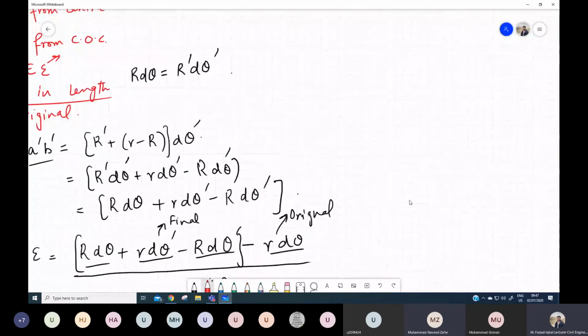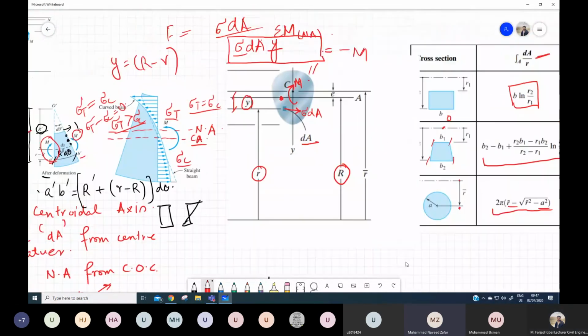Isn't the direction of sigma dA opposite to M? This sigma dA is coming out. So if I am taking the moment about the neutral axis, it will rotate something like this, right? It is coming out of the paper. And I want to take the moment about this neutral axis. So it is also producing the moment in counterclockwise direction.